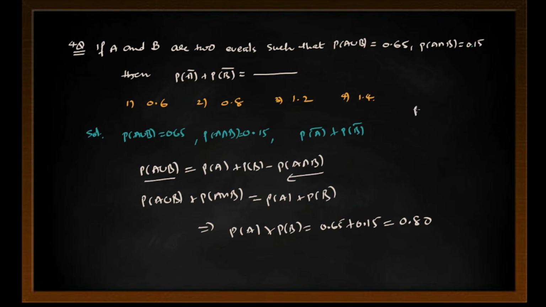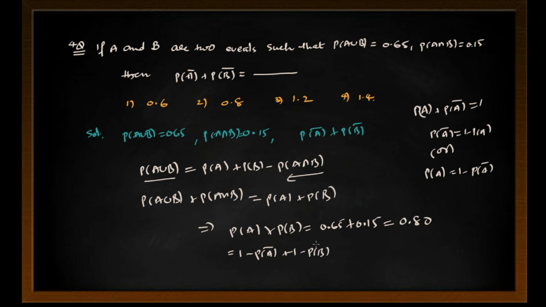But we know that P of A plus P of A bar equals 1. From this we can write P of A bar equals 1 minus P of A, or P of A we can write as 1 minus P of A bar. So P of A we can write 1 minus P of A bar, plus 1 minus P of B bar, equals 0.80.